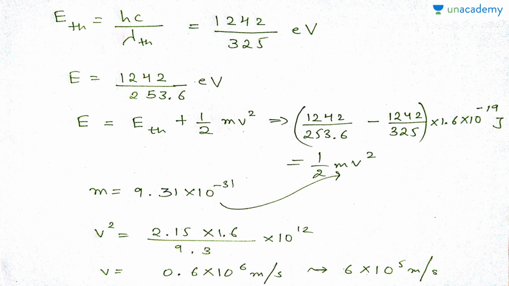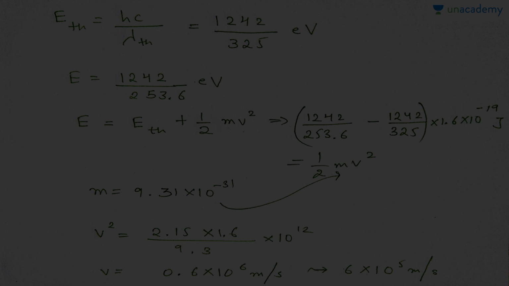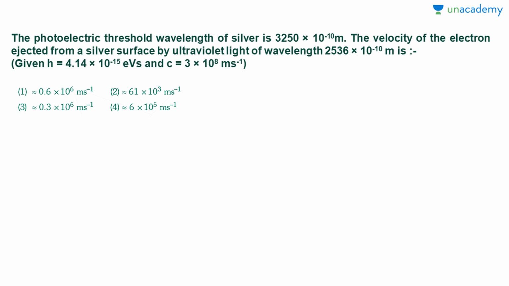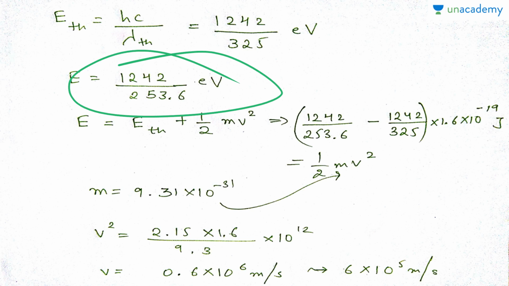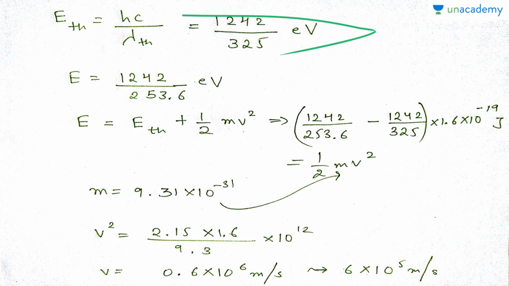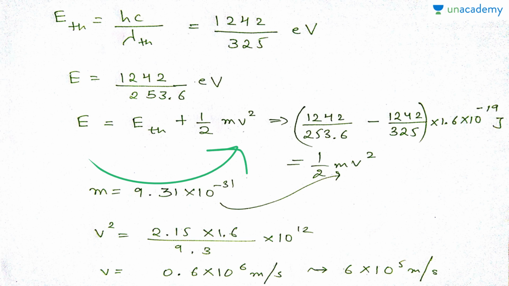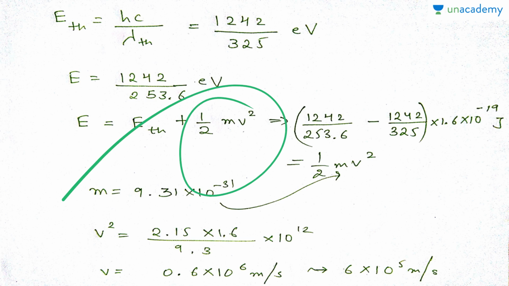And these are the two parts we are talking about, this one and this one. So now this was the energy, and this was the threshold energy that we need to overcome. So the total energy will be used in two processes, that is overcoming the threshold and gaining sufficient kinetic energy.